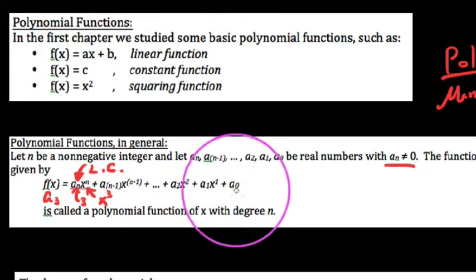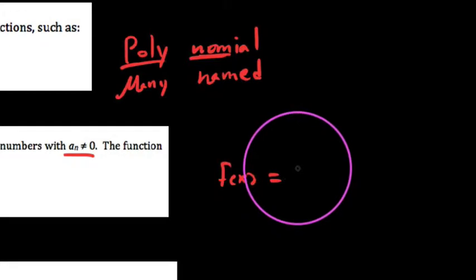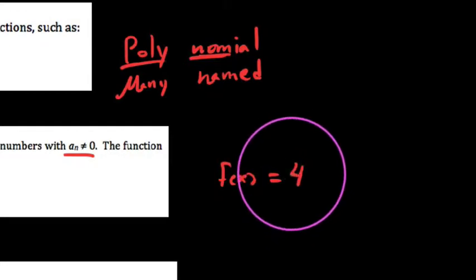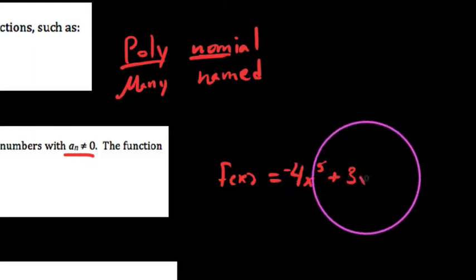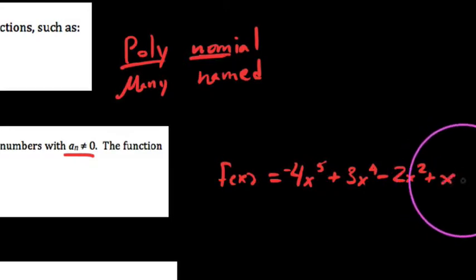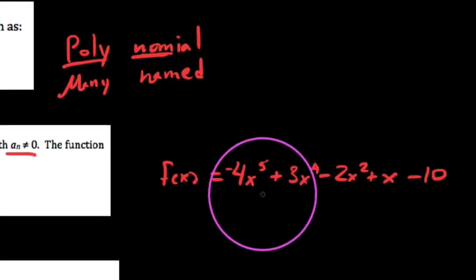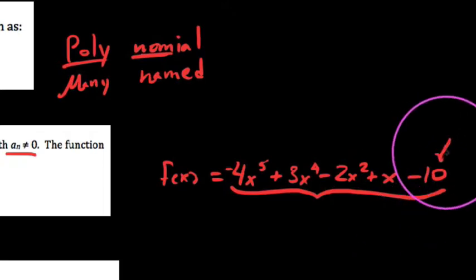Essentially, this whole long chain of terms is saying what we do when we write polynomial functions. For instance, if I make one up here, we often write it like this: negative 4x to the 5th plus 3x to the 4th minus 2x squared plus x minus 10, where we list the terms in decreasing order until we get down to this constant term.